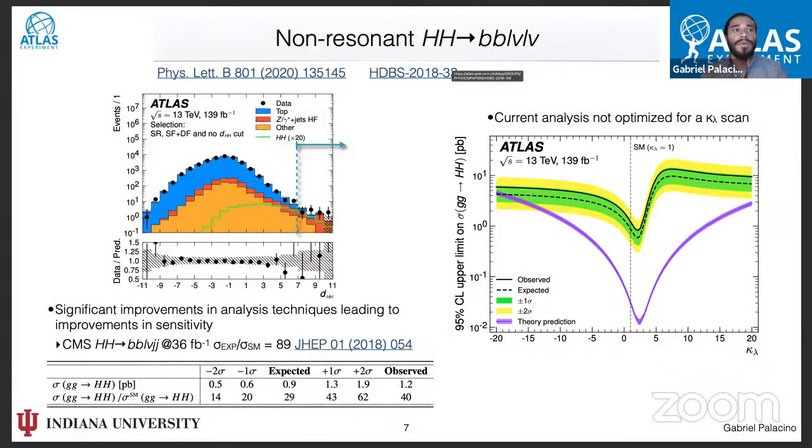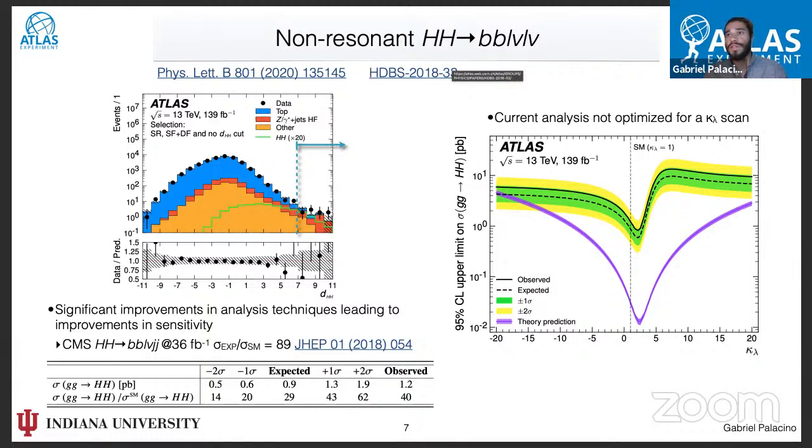So in terms of the results, this analysis showed very nice improvements with respect to previous results in this specific channel. You can see here the search was performed on this DHH discriminant, and the sensitive region is highlighted. But there are a few things to note. This analysis was not optimized for a kappa lambda scan.